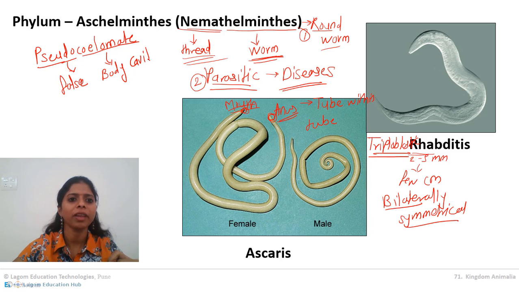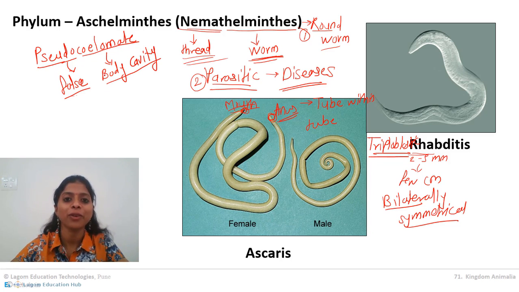So they have a false body cavity. When an animal has a false body cavity, it is pseudocoelomate, and Aschelminthes, or Nemathelminthes, are the clear-cut example of pseudocoelomates.